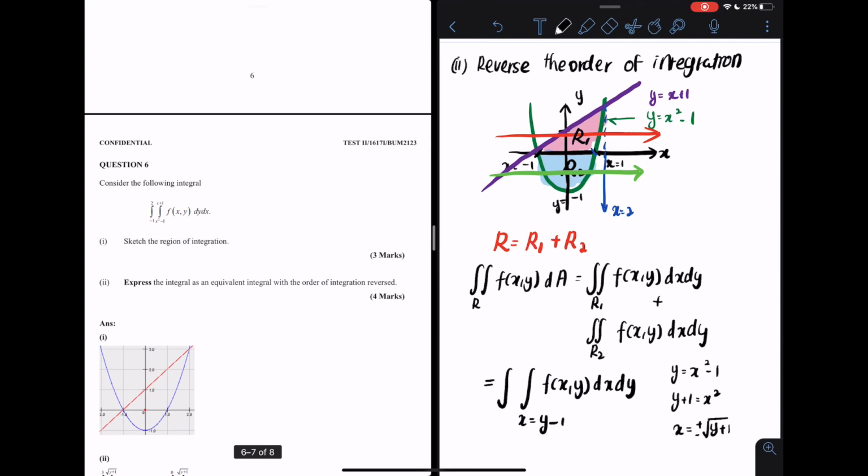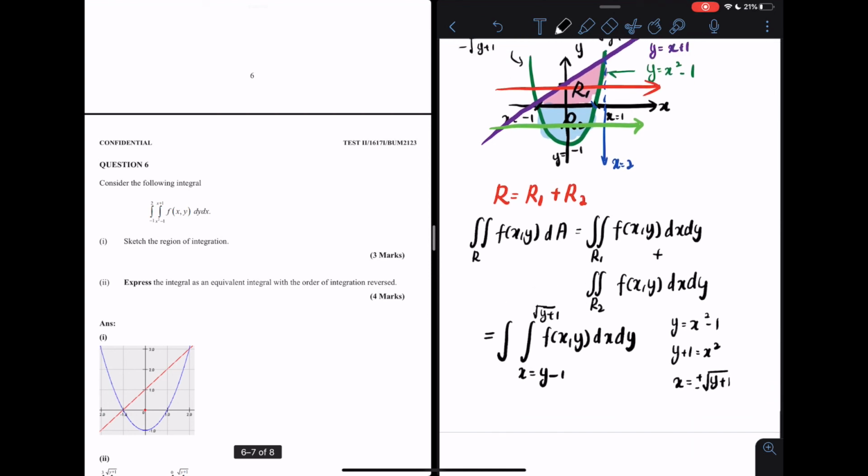So the best equation to represent the parabola that lies on the first and fourth quadrant is plus square root of y plus 1. Meanwhile, this portion of the parabola can be represented by negative square root of y plus 1. So the upper limit with respect to variable x for the first region is square root of y plus 1.